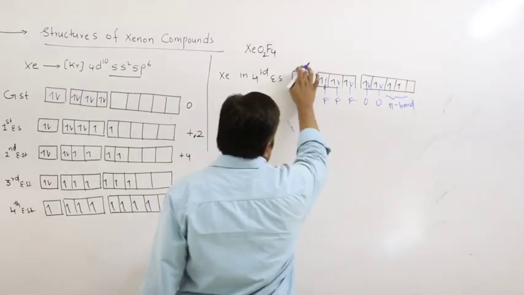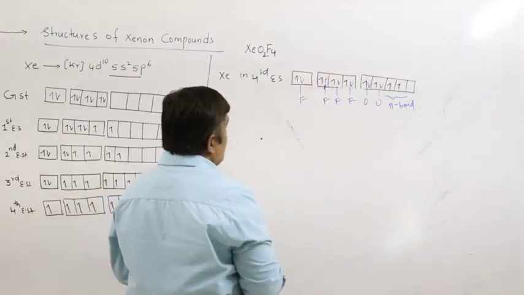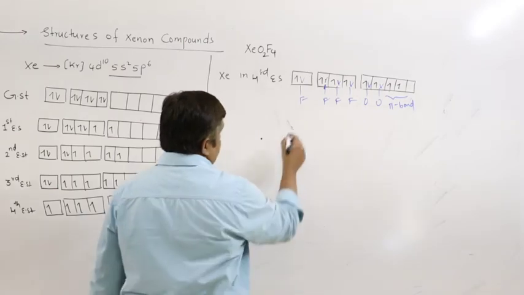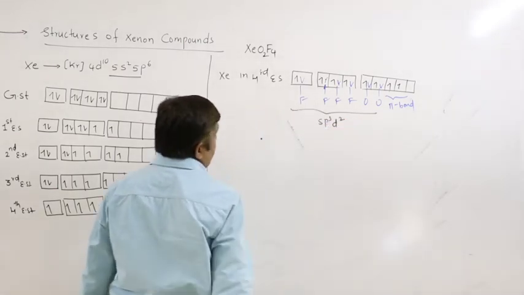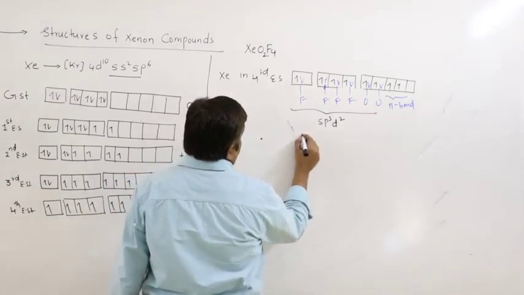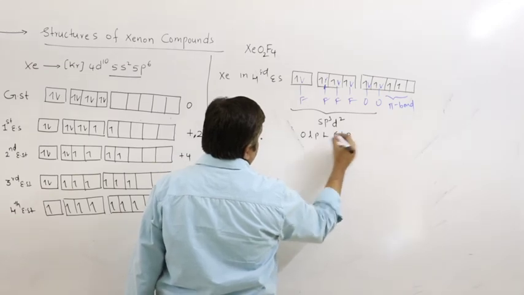So hybridization S, P, P, P, D, D, sp3d2. 0 lone pairs, 6 bond pairs.